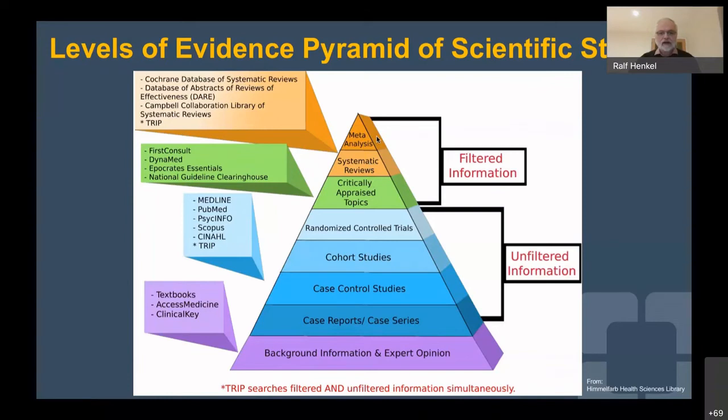Right on the top of this high mountain, we see the meta-analysis. And that is what we also see with the Cochrane database, Cochrane analysis, and always this is the top quality of research that can be done, and it is based on everything that is below. Next slide, please.